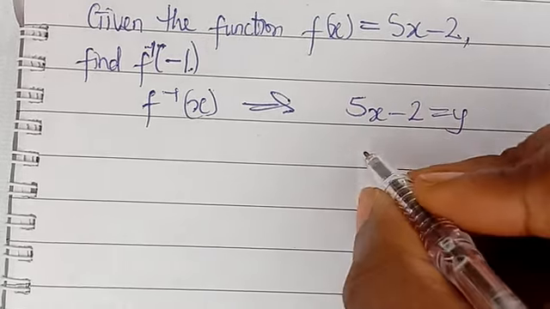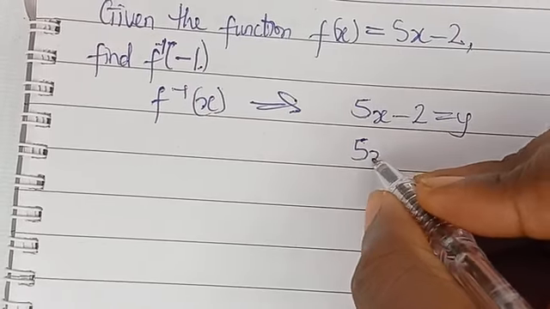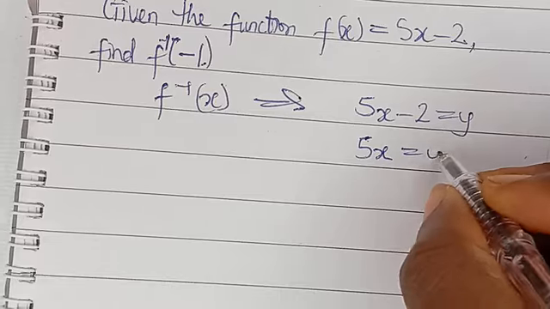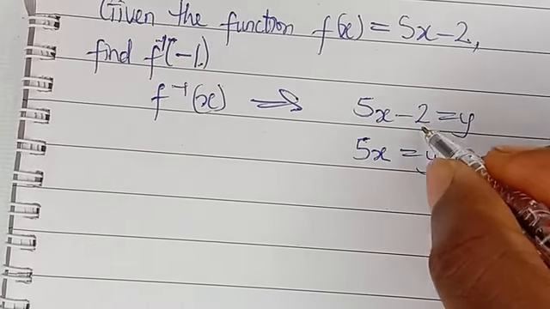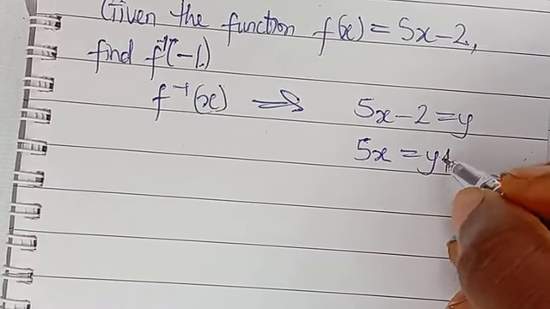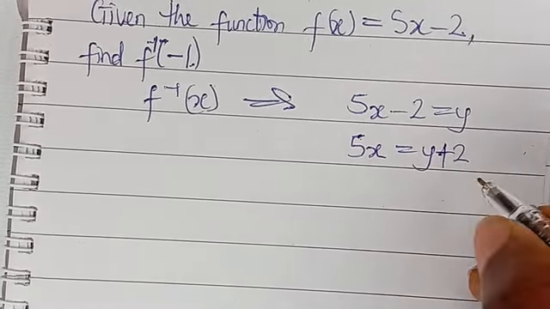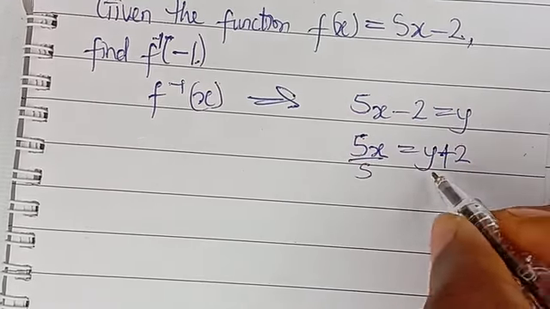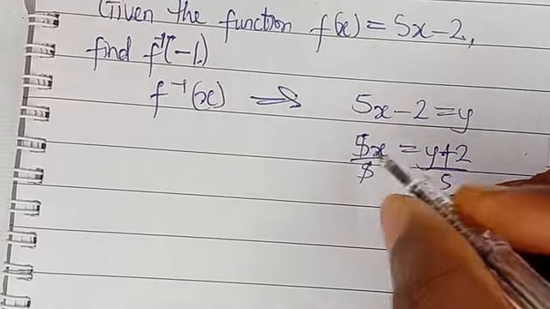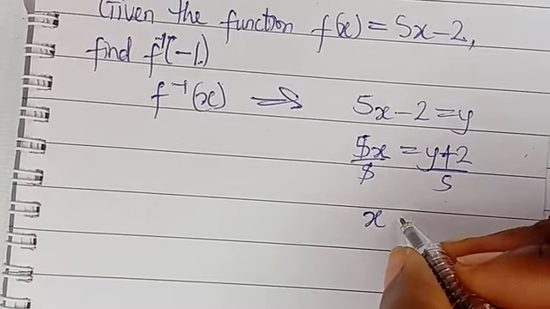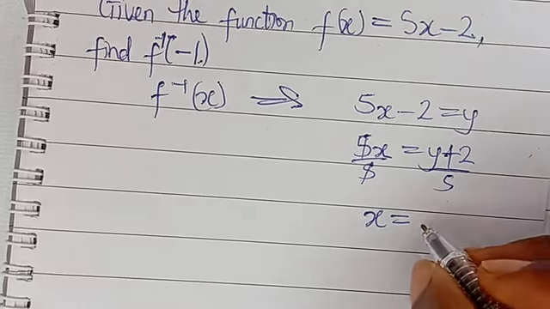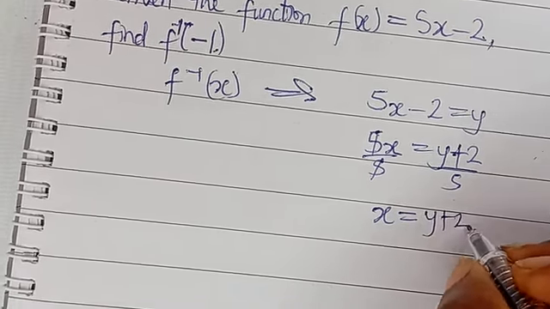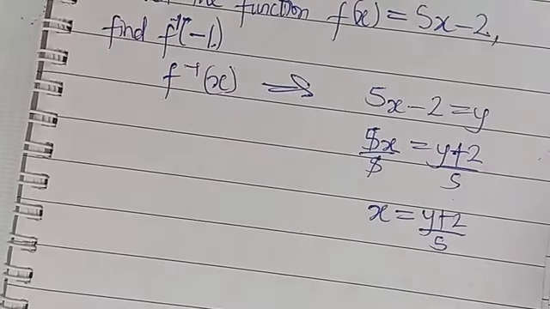Changing the subject of this formula, we have that 5x is equal to y, and the minus 2 crosses over to be a plus 2. Then we divide both sides by 5, right? When we do that, we have that x is equal to y plus 2 over 5.